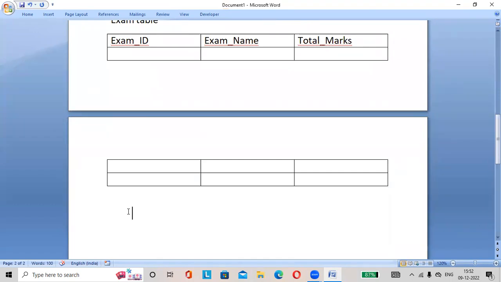Here there is an attribute in a table which depends on some non-prime attribute, but not on the prime attribute. Yes or no? How to solve this? By creating a new table by the name exam table. Now the table is in third normal form.